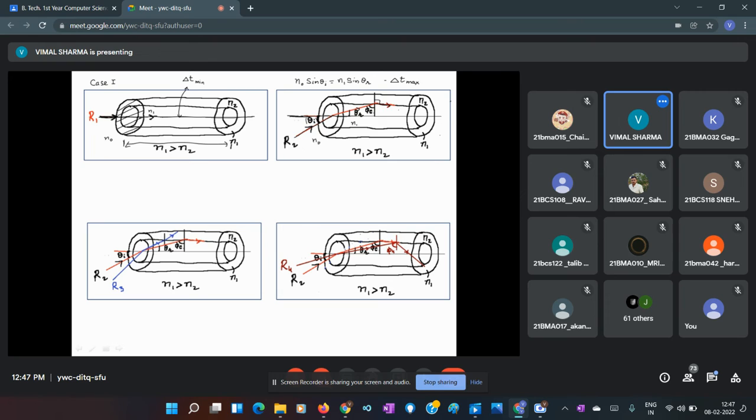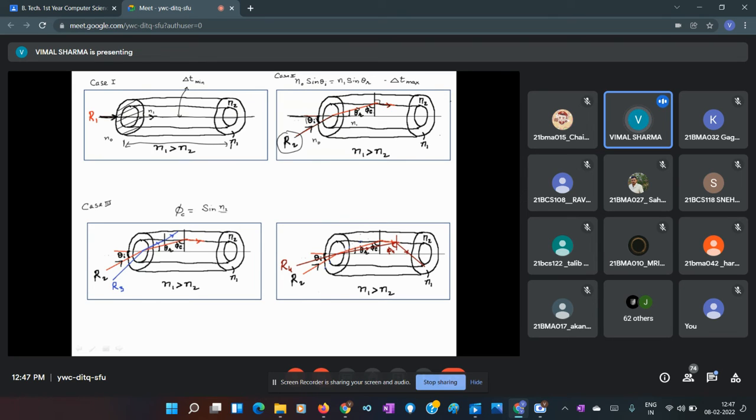Okay. Now let us discuss case 3. This is case 2, and let us discuss case 3. What is case 3? Here we have this ray 2, which strikes the core cladding interface at angle phi c, which is the minimum angle required for total internal reflection.